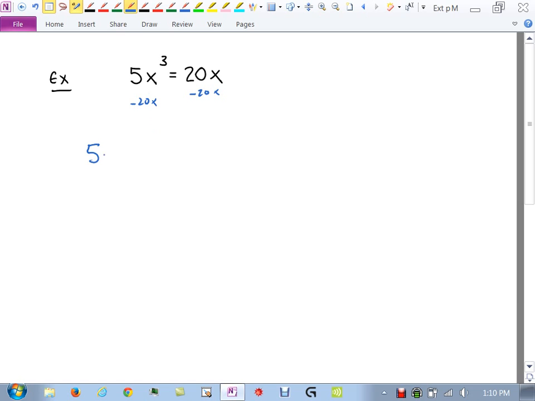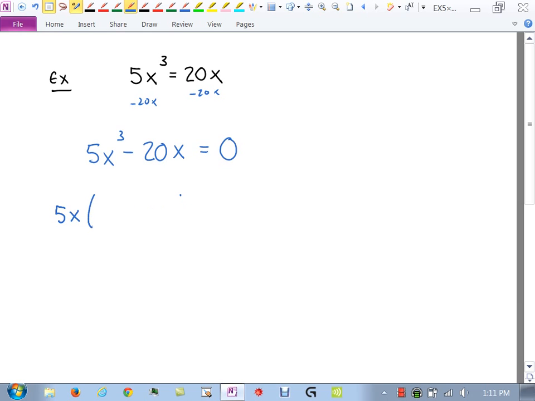So I get 5x cubed minus 20x, because I cannot subtract those, right? I cannot use zero factor property yet because I do not have something times something. I have something minus something. So my only hope is to try and factor. First step of factoring: GCF. 5x.